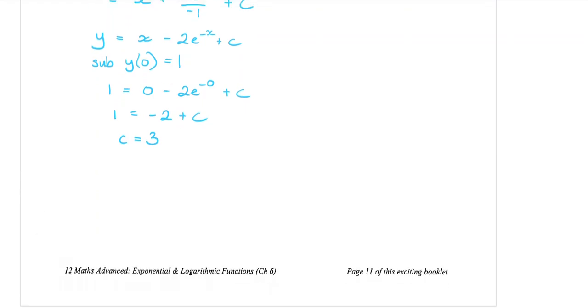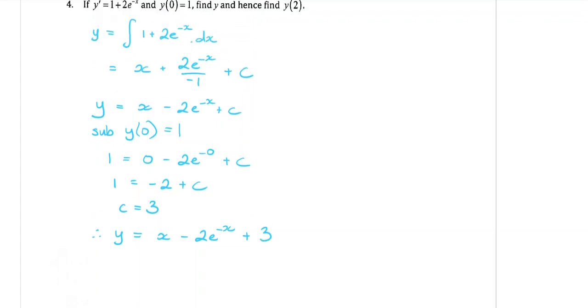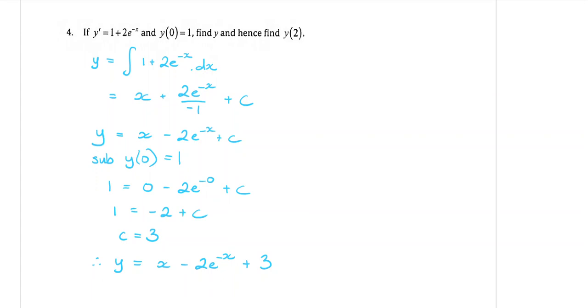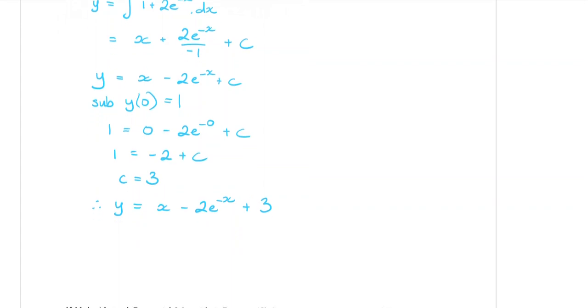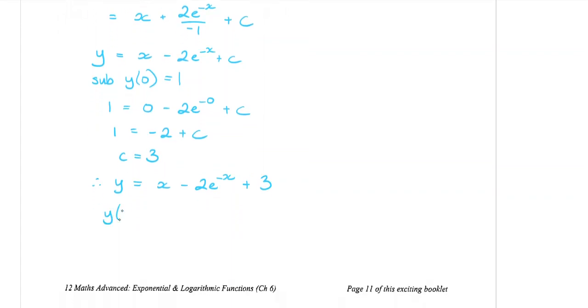Wonderful. My equation for y is now complete. It is x minus 2e to the negative x, and instead of the c, I now know that c is equal to 3. Still not done because hence find y of 2. So finally it wants me to now sub 2 into my equation. 2 minus 2e to the minus 2 plus 3.